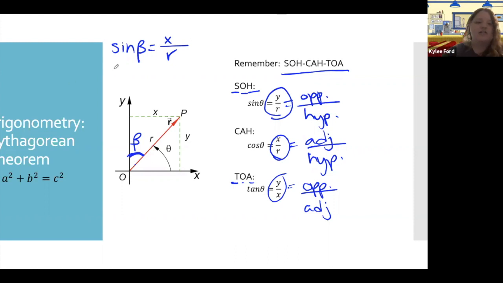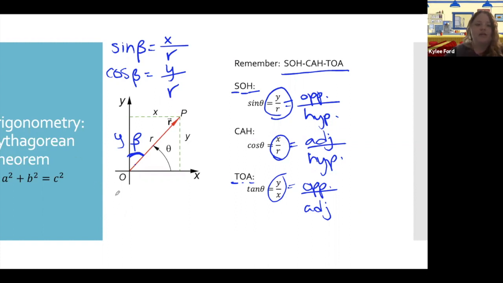So now let's do our cosine. Cosine beta is going to be adjacent, which is going to be y, over our hypotenuse, which is going to be r.